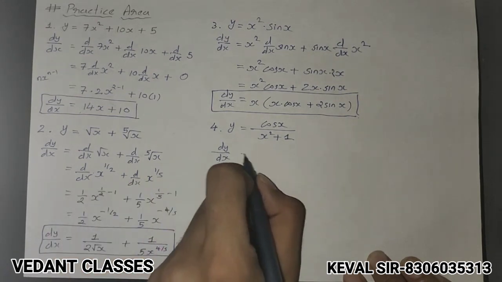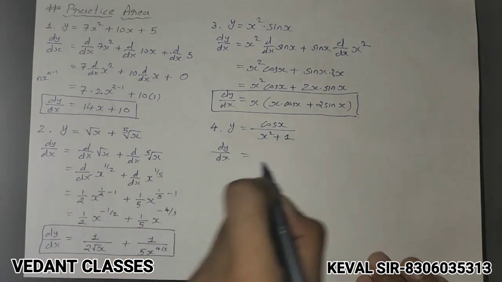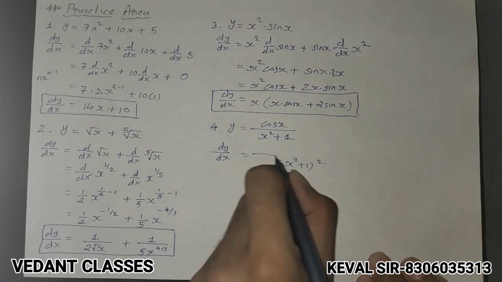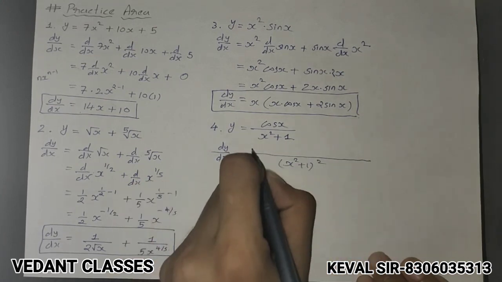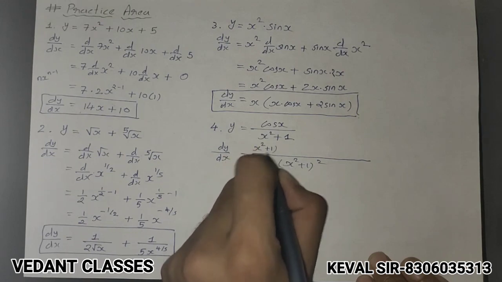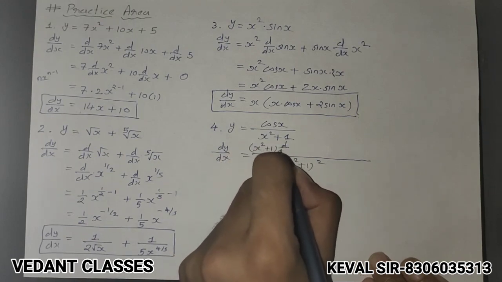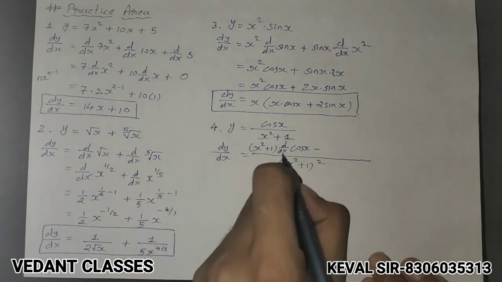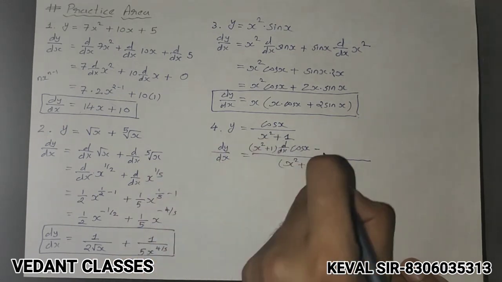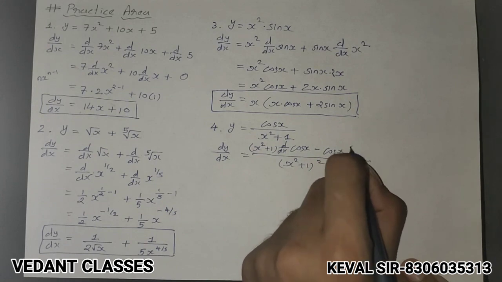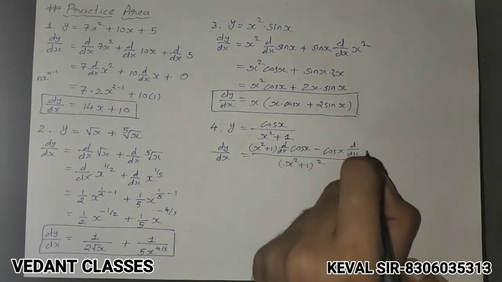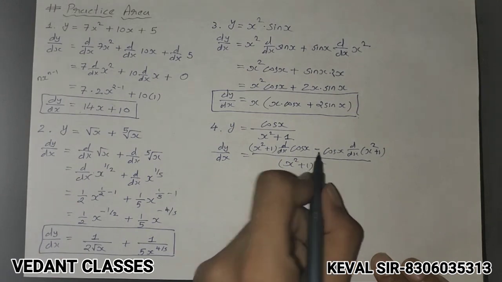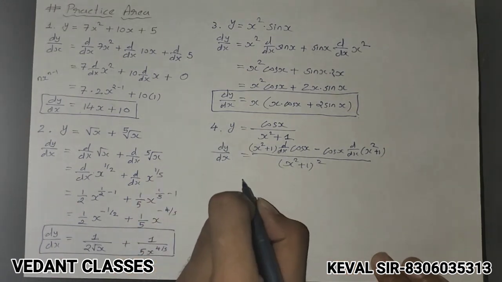Dy by dx, it will be x square plus 1 the whole square, then keep denominator as it is and derivative of numerator. Okay, d by dx of cos x, then keep cos x as it is and derivative of denominator. Here it will be a minus sign, not a plus sign. Okay, just remember that one.